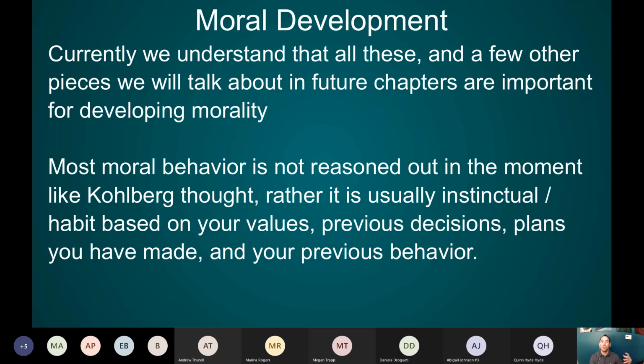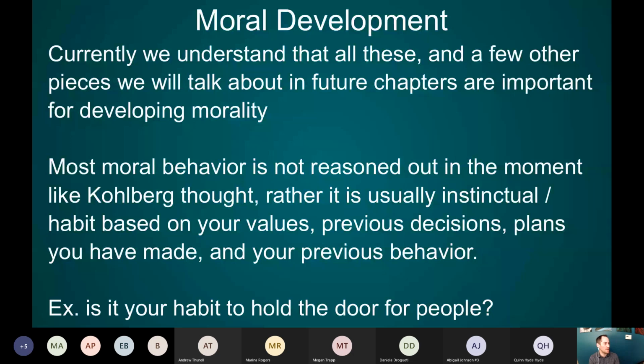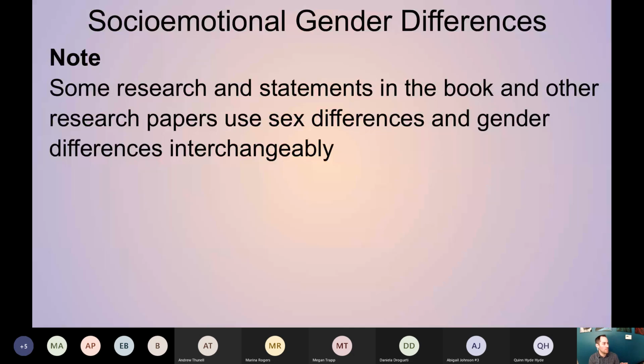We have pre-programmed our own moral behavior over the course of our lives. So it's not some outside force doing it. In some cases it is, like what does the school say about bullying, that kind of thing. But most of it is our own experiences over time have programmed us to act in a specific moral or immoral or pro-social or less pro-social way. So that's the big thing that I wanted to get at with moral development specifically.